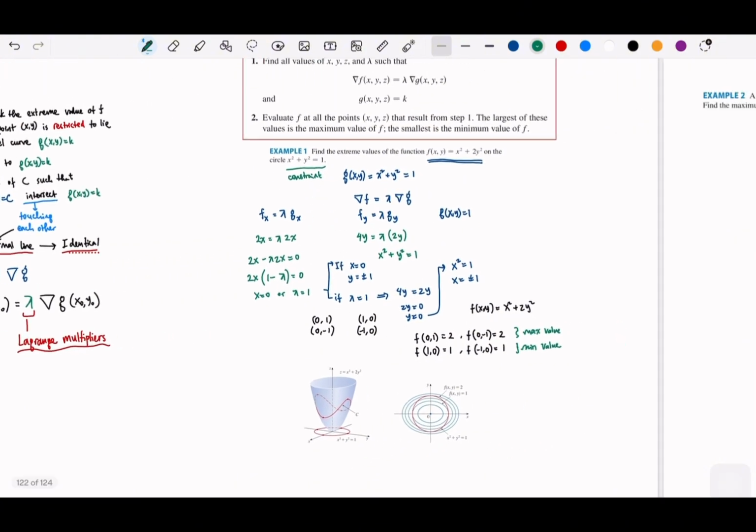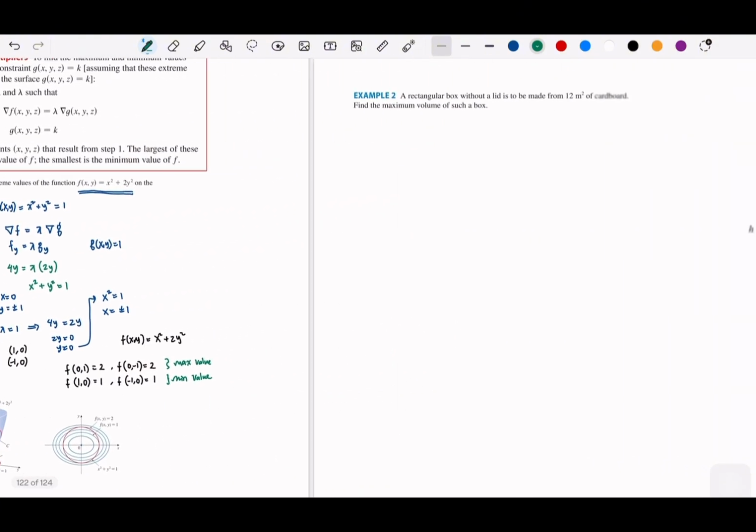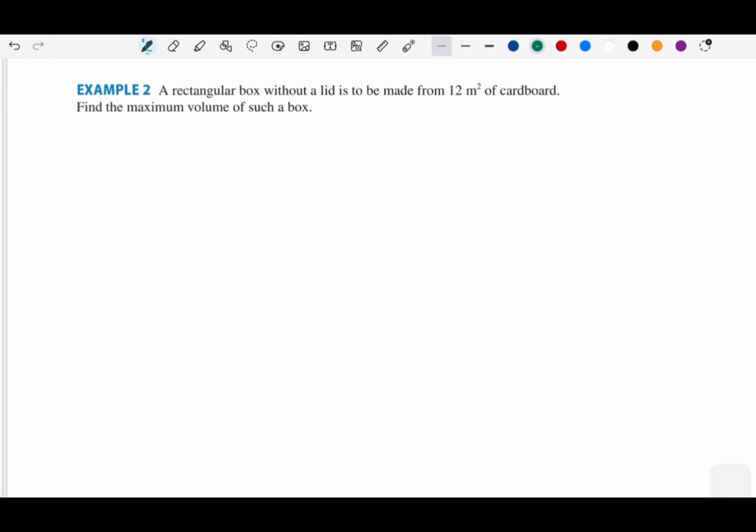Okay, we can also have this kind of question. For example, a rectangular box without a lid is to be made from some cardboard. It's like a problem in optimization, but now we have a partial derivative problem, which we need to derive partially, right?